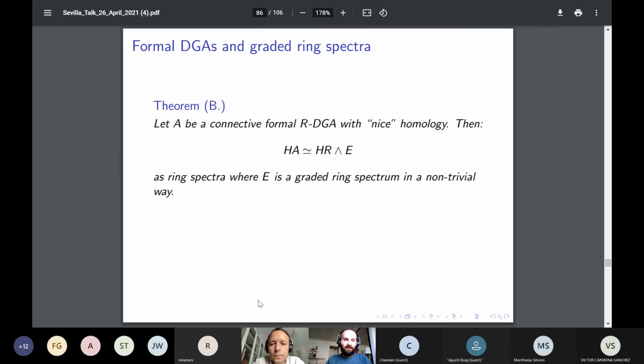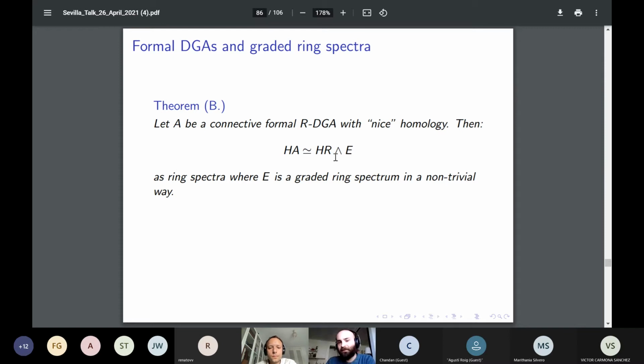And we have this theorem from one of my previous works, which says that if you have a connected formal R-DGA whose homology is nice, in the sense that the homology is a monoid ring, which happens to be the case in most of the rings we consider in homotopy theory, then the ring spectrum corresponding to such a formal DGA satisfies the splitting.